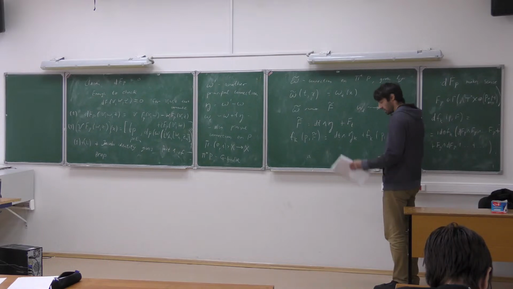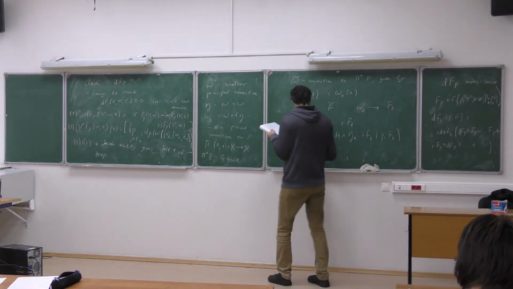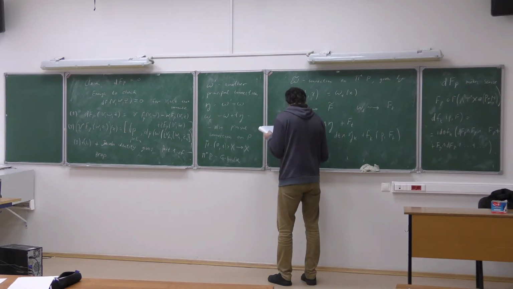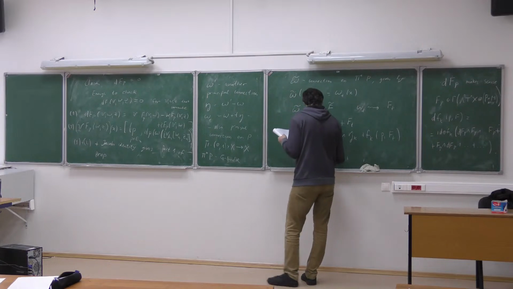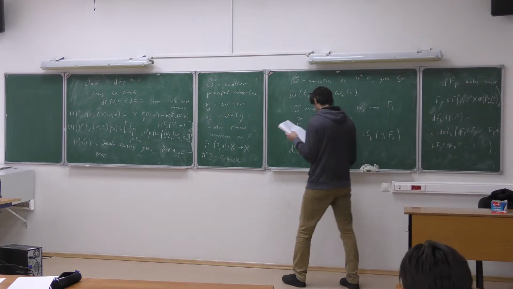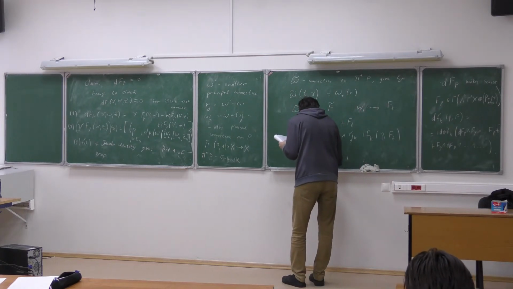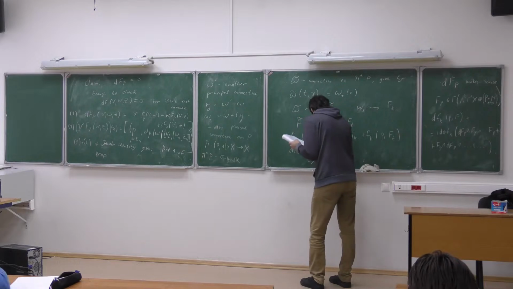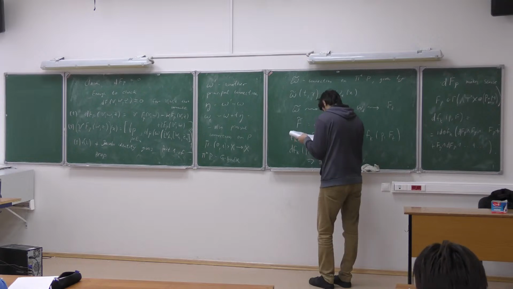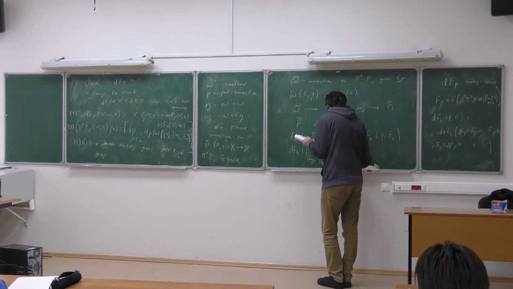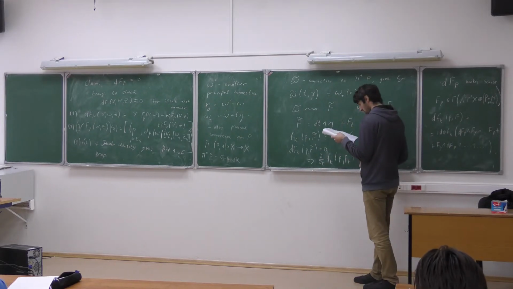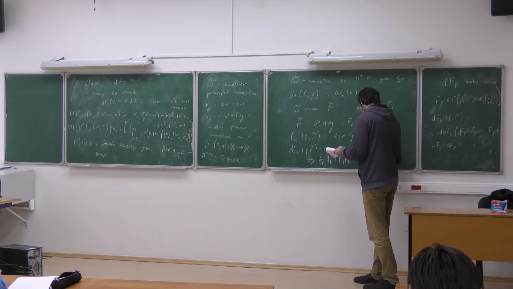Okay, but then d f_k of rho F tilde is 0 according to part 1, and this means that the partial derivative of f_k with respect to t of rho F_t, this thing, equals d eta_k.